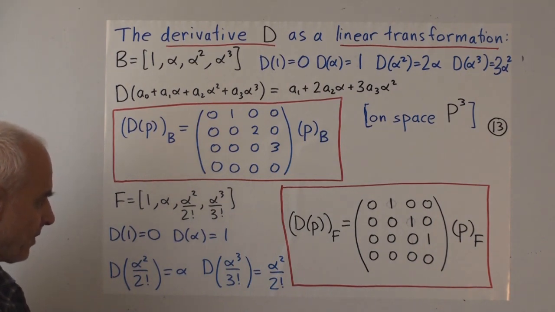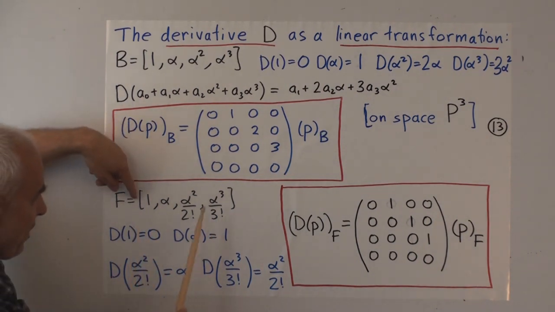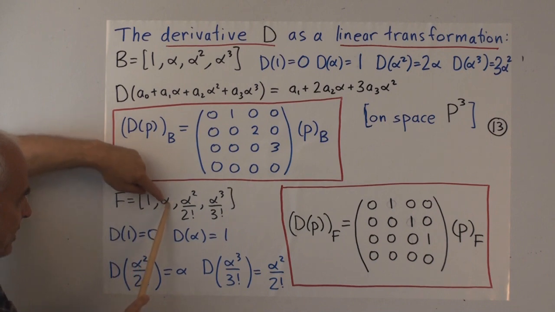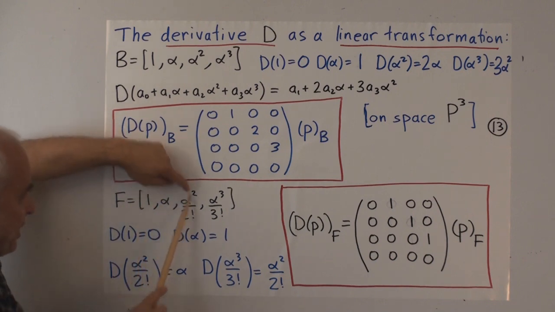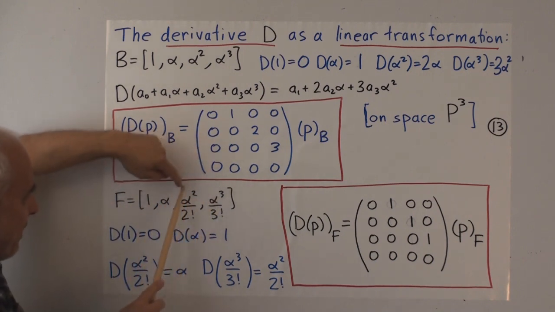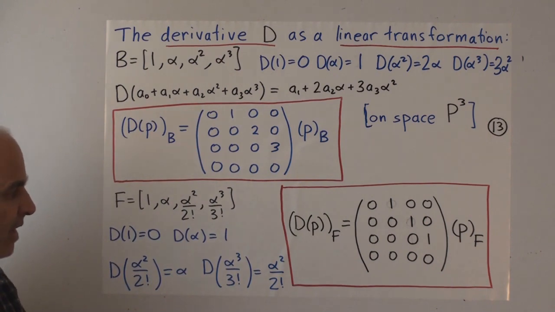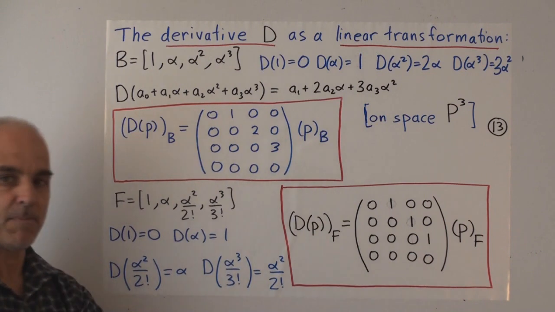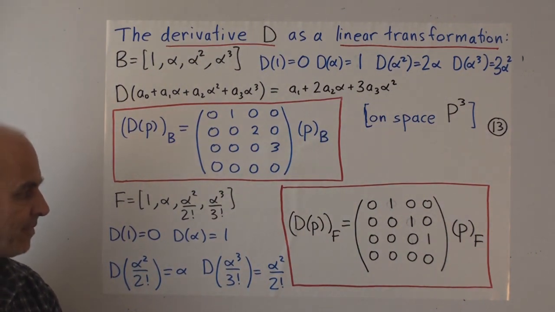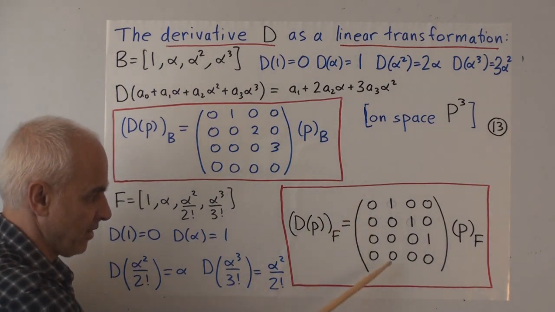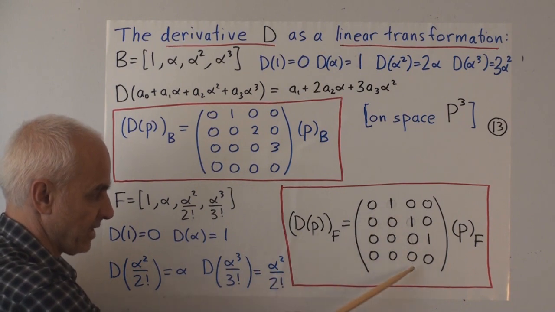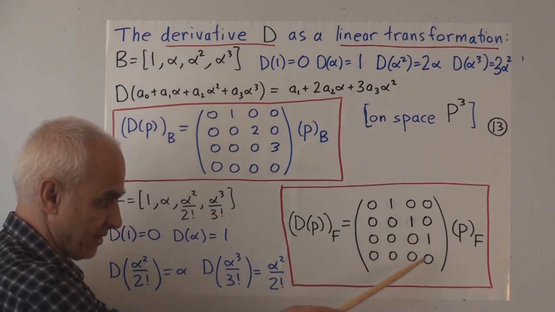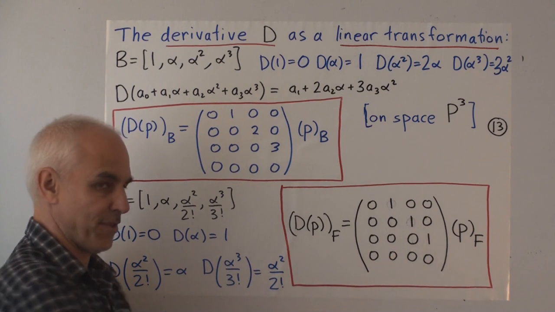So in terms of the derivative, it kills this, it sends alpha to 1, it sends this basis vector to this one, and it sends this basis vector to this one. And so there's the matrix for it with respect to that basis. First vector is killed, the second one is sent to the first basis vector, the third one is sent to the second, and the fourth one is sent to the third.